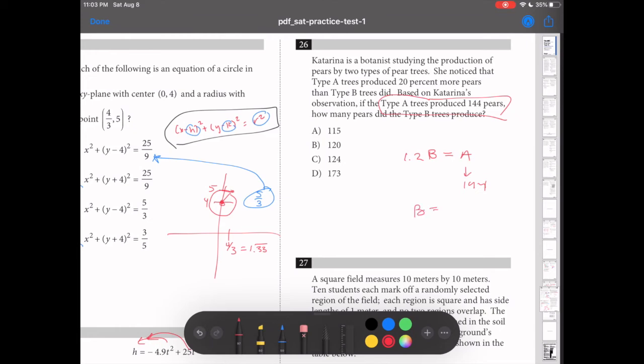Just solve for B. And B should give you the answer, 120. 20% more is a percent more, percent less. It's the whole, so 1 plus the percent more. The percent is 20%, and that's going to give you 1.2. That's how we got the number here.